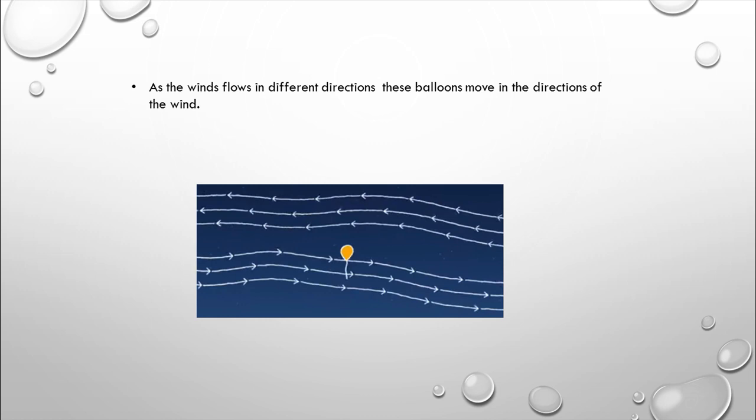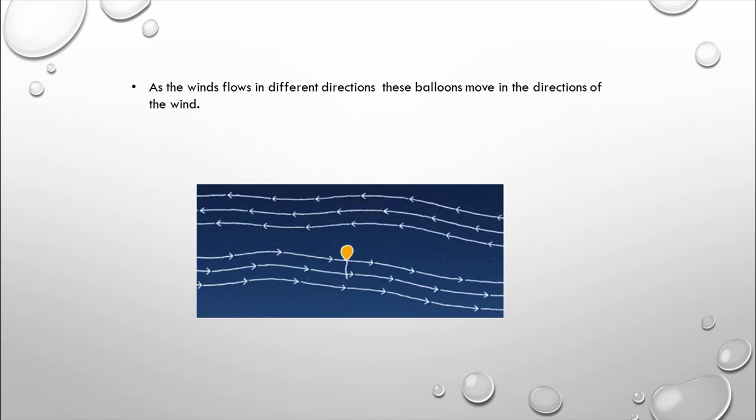So, as the wind flows in this direction, these balloons move in the direction of the wind. In this stratosphere layer, the winds which flow in different directions can be used so that balloons can travel from one side to the other. On earth, the winds flow usually from west to east.